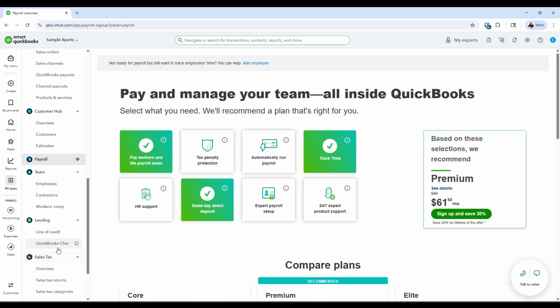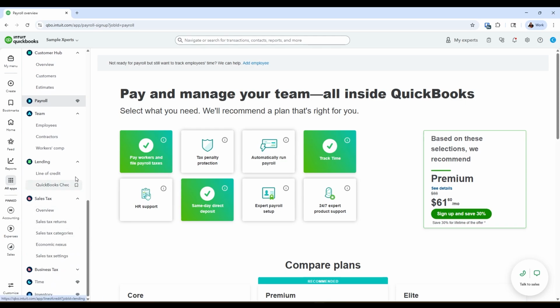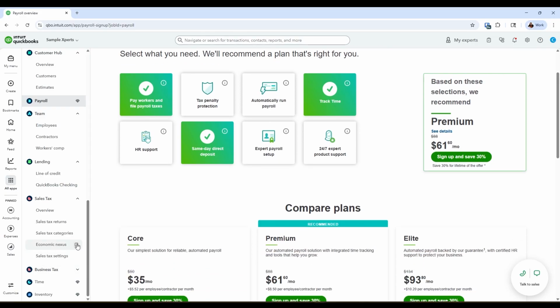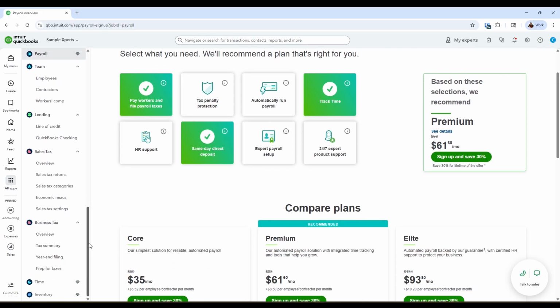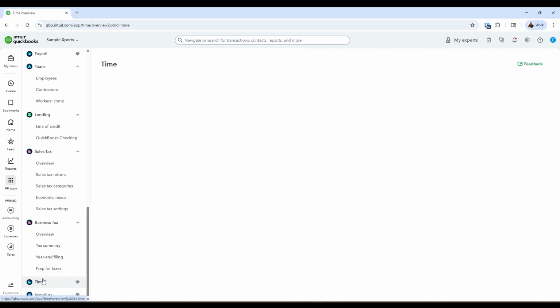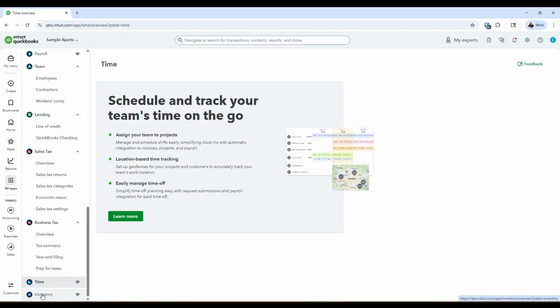We have the sales tax tab right here. That's where you can set up sales tax or verify how much you owe in sales tax. You have your business tax with all the tax summary, year-end filing, and so on and so forth.